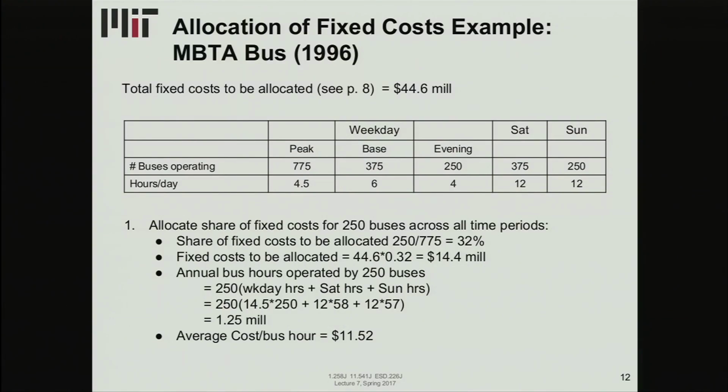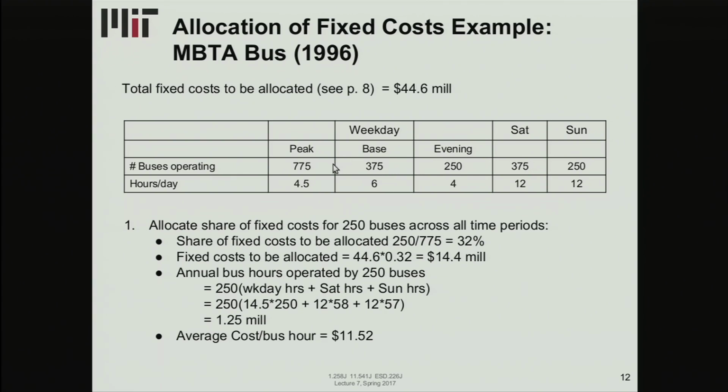So let's do that. We have to do this allocation, and one way of looking at this is these evening buses, 250 evening buses, are also operating in the base and in the peak, right? Then there's an additional 125 buses that are operating only in the base and during Saturdays, right?